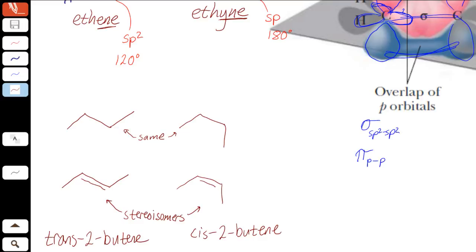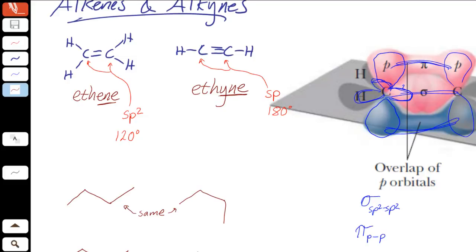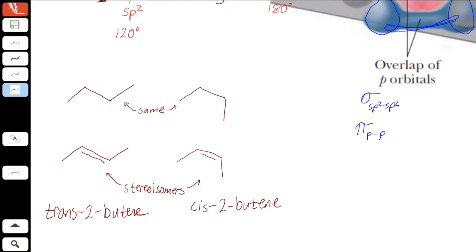So alkynes, the triple bonds, same idea, just kind of more so. There actually isn't a picture in the book, but if we use that same kind of idea, instead of sp2 hybridization, we have sp hybridization. So let's see if we can just draw it.